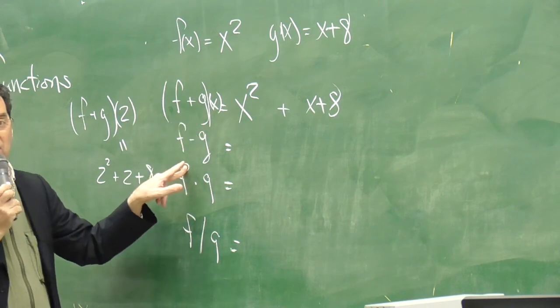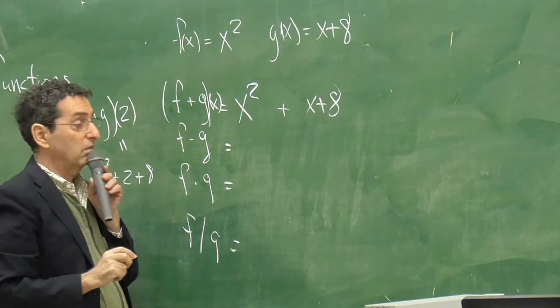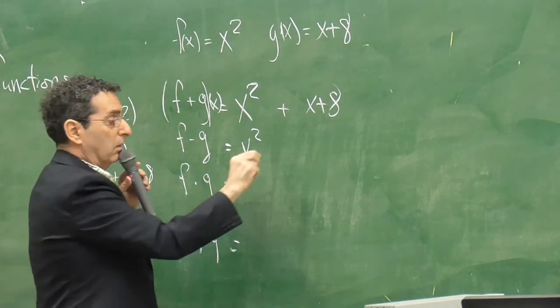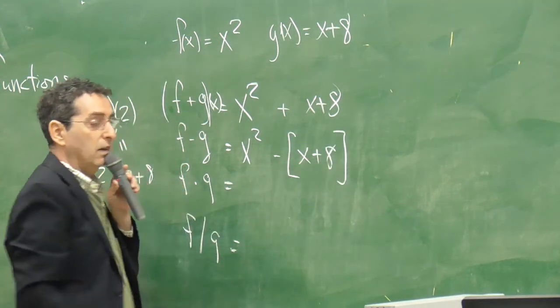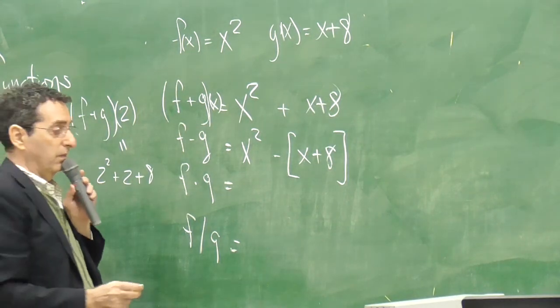What's f minus g? x squared minus x plus 8. What's f times g?